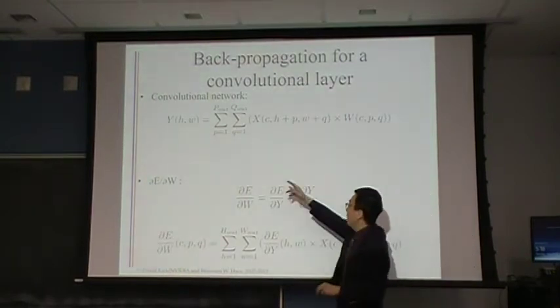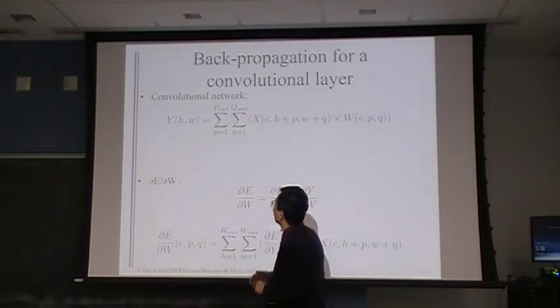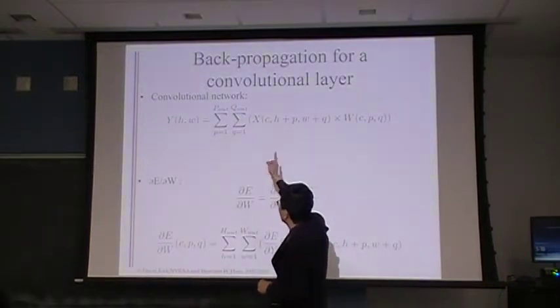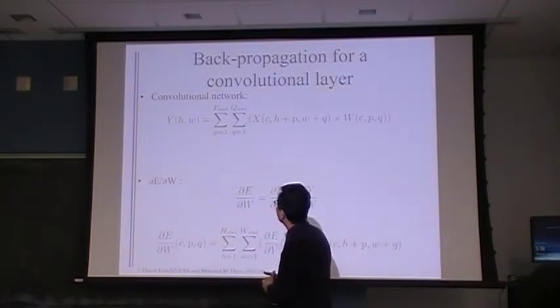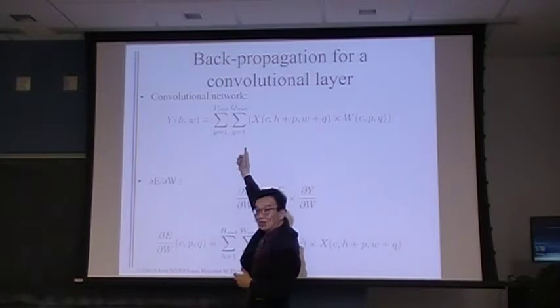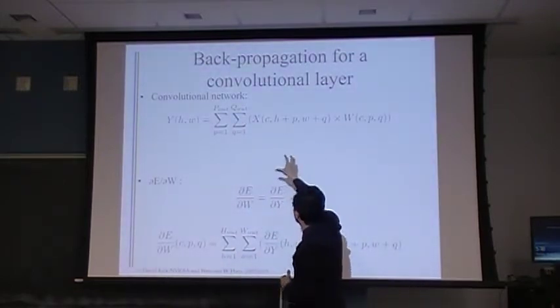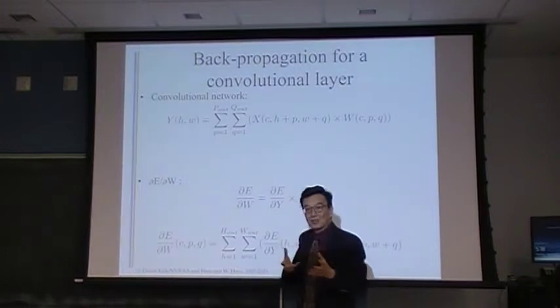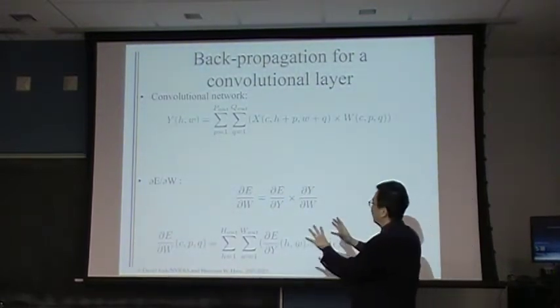So it's summed over the dimensions of the filter. So for 3 by 3, it will be 3 here. It will be a total of 9 of these products summed together, right? So that's the forward definition.